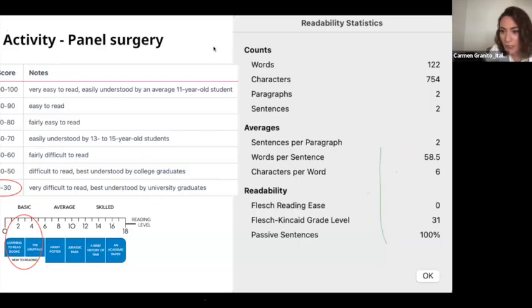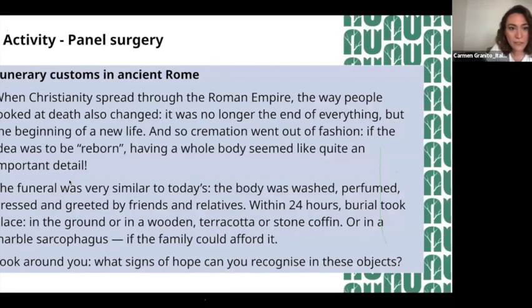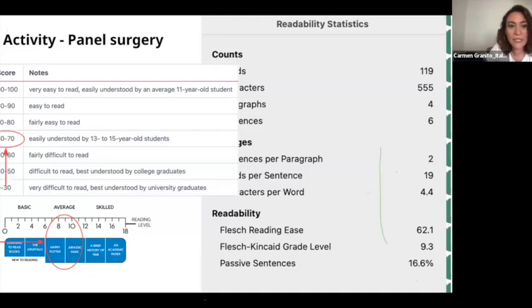Anyway, the scores here were very, very low, so this was very difficult to read. When you simplify, the stats also tell you that you're doing well. So you can use those stats just to check, basically.